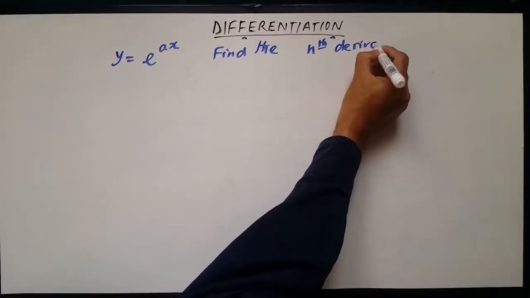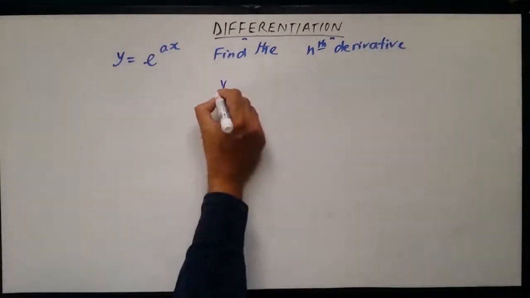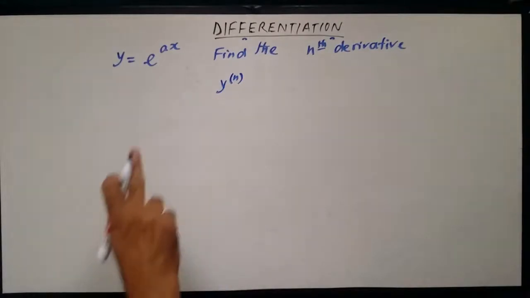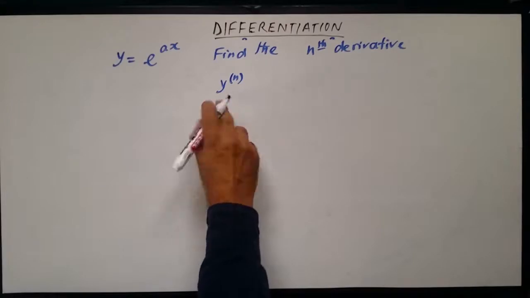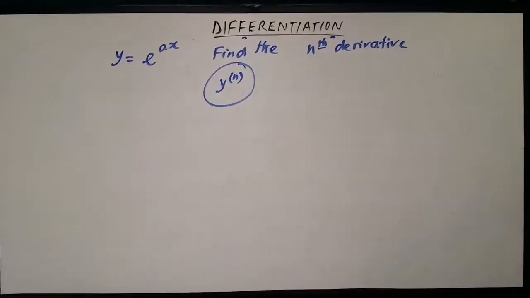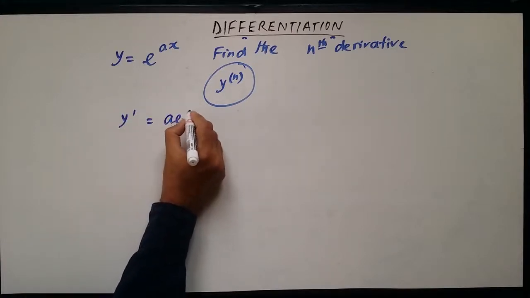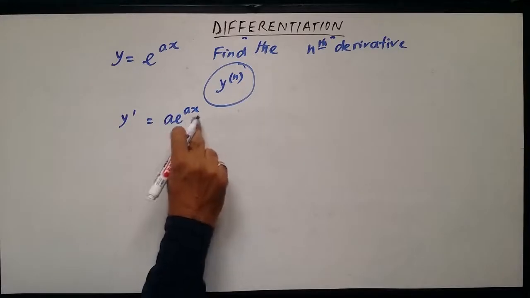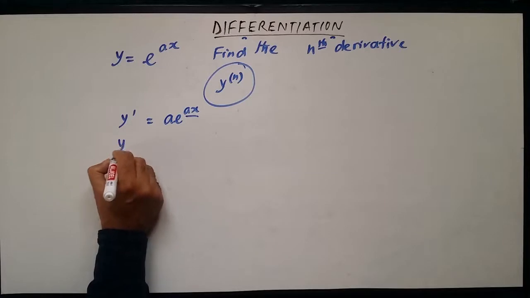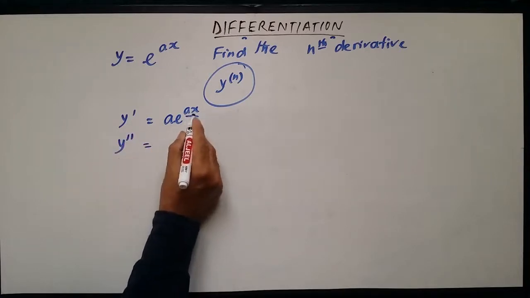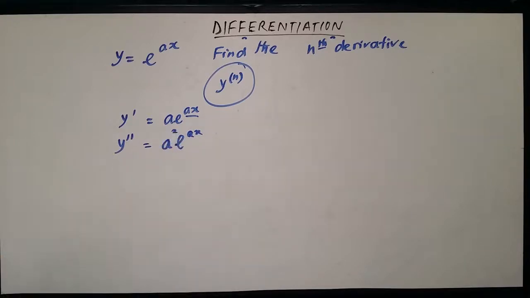The nth derivative of y is also written as y to the power (n), with brackets to mean that it is the nth derivative. So let's see. The first derivative will be a e to the power ax, because the derivative of e to the power x is e to the power x, and the differentiation of ax will be a. The second derivative will again be e to the power ax multiplied by a, and this a is already there, so it is a squared.